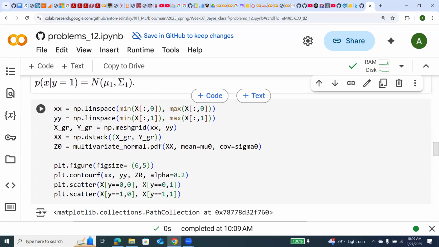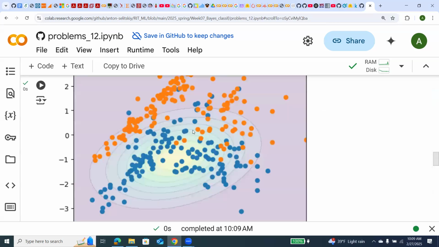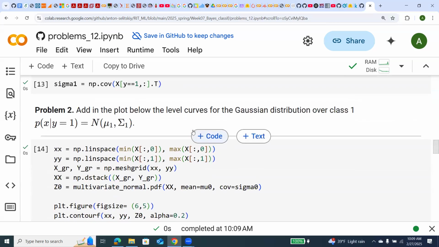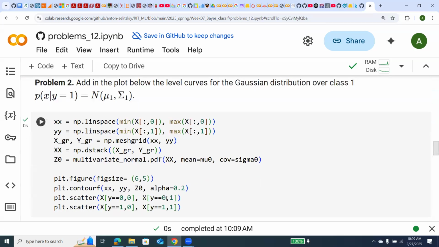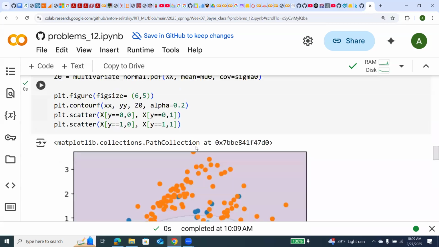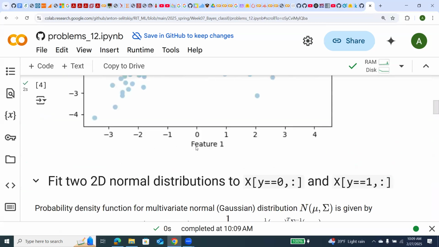And when you implement this, we can plot. Here I plot the distribution for class 0, and your task is to add the plot for class 1. Let's see the labels.